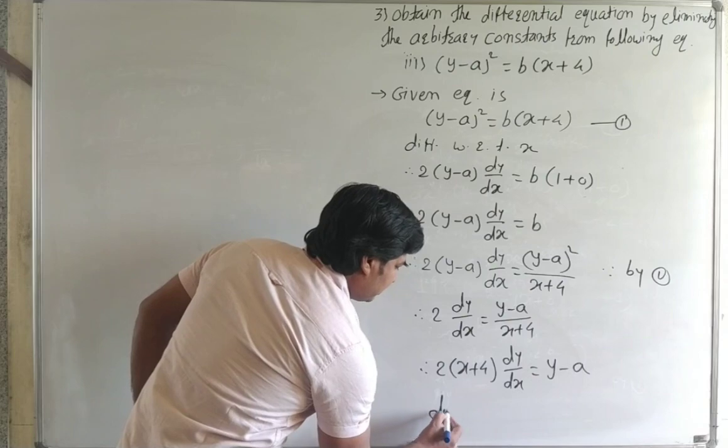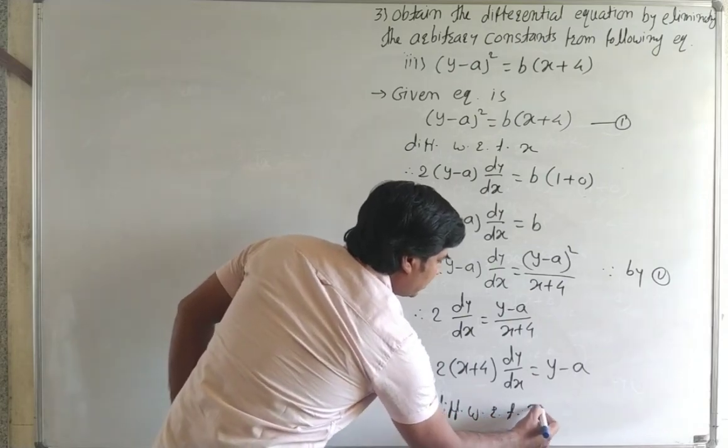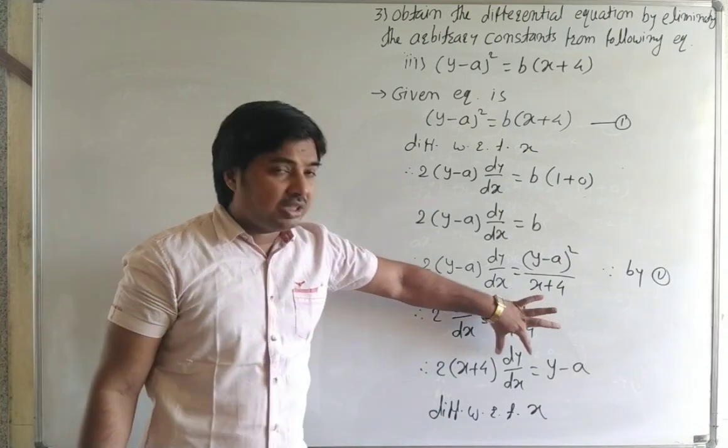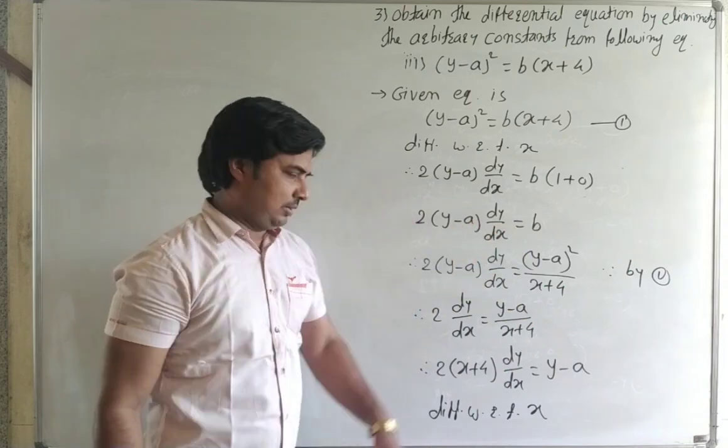Therefore again differentiate with respect to x. Now here 2 as it is, (x plus 4) into dy by dx. Here we use the u into v rule.